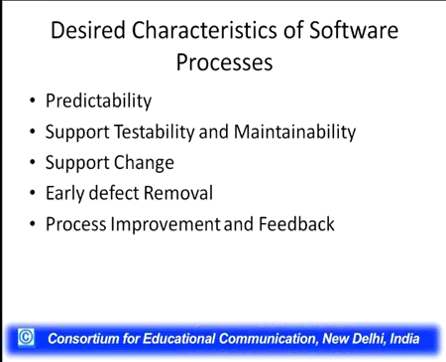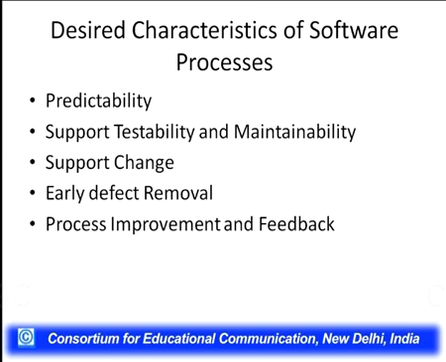Now when we talk about software processes, there are a few characteristics which become very important. Any process which is working in software development, or which is a software process, must have these five characteristics. First is predictability. Second is support for testability and maintainability.